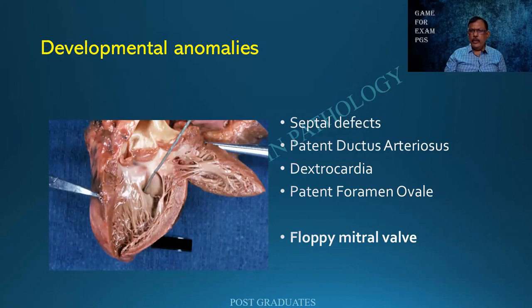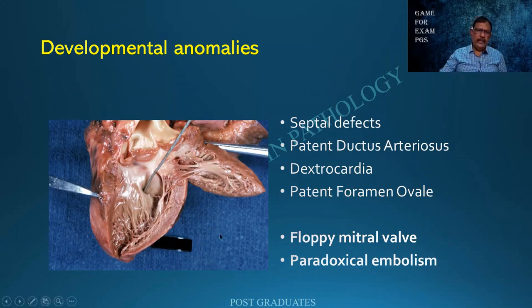A patent foramen ovale is also a form of a septal defect which can lead to lack of support of the mitral valve, leading to a floppy mitral valve or sometimes a paradoxical embolism. These things are given well in your Robbins. Paradoxical embolism can be a definite question that we can expect. And this figure shows a septal defect which has been identified by means of a probe. This is a forceps that is used for keeping the ventricle apart.